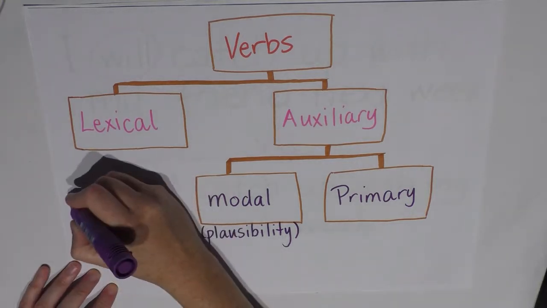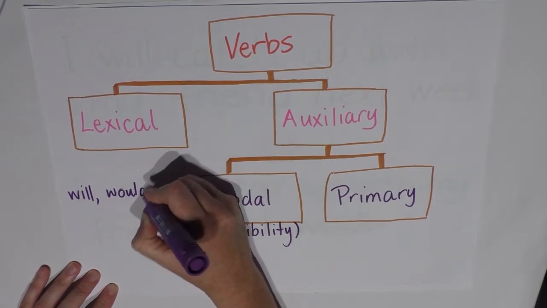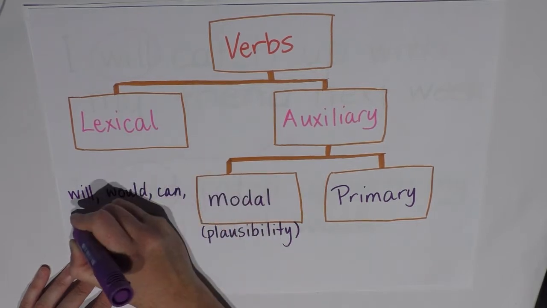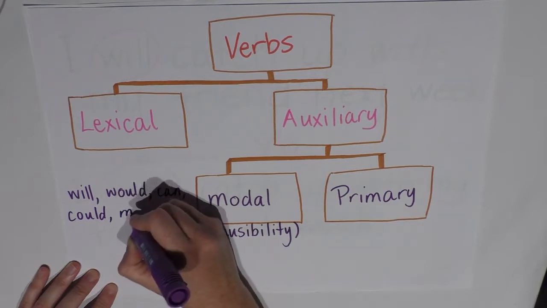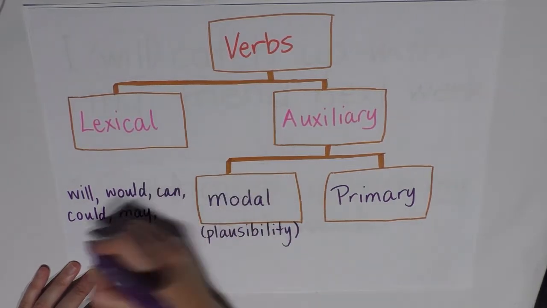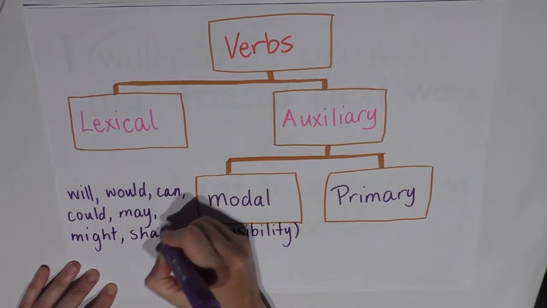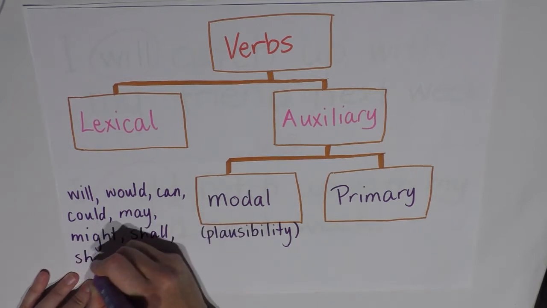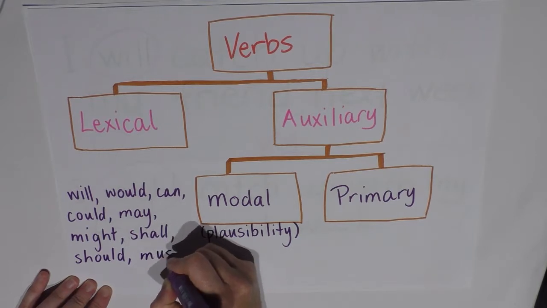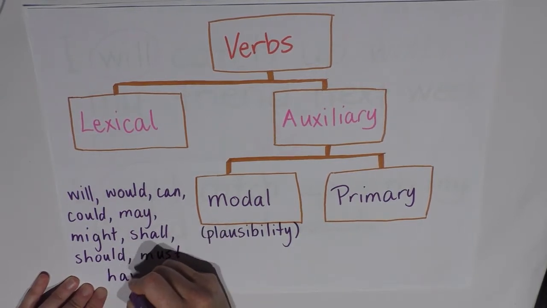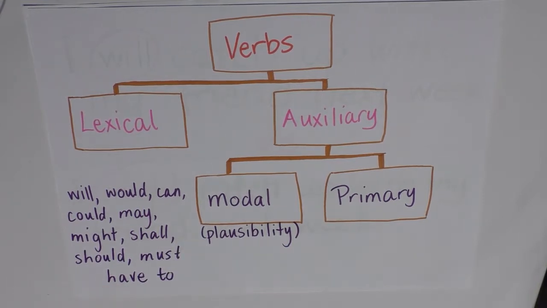So the modal verbs are will, would, can, could, may, might, shall, should, must, and have to. And have to is a complex verb there with the two parts, but it's still a modal auxiliary.